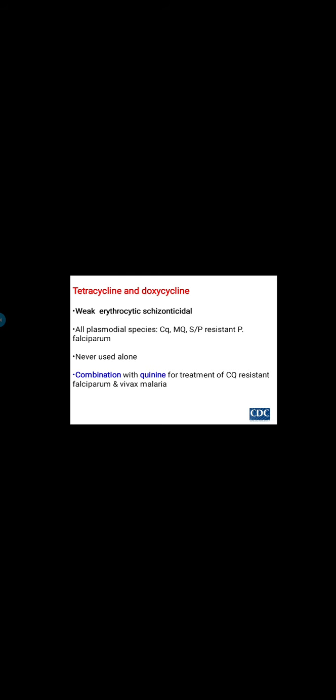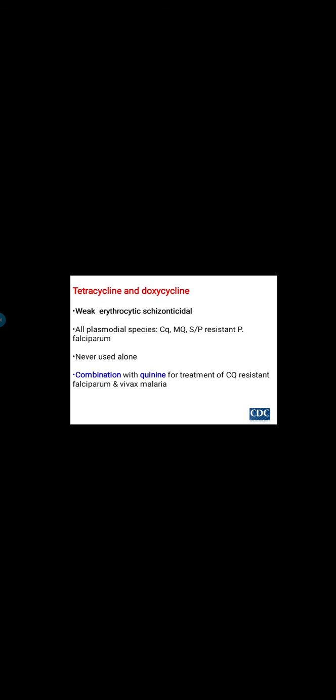Next group of drugs is tetracycline, doxycycline. It is a weak schizonticide to all Plasmodium species, including chloroquine-, mefloquine- and sulfadoxine pyrimethamine-resistant Plasmodium falciparum, which are also responsive to doxycycline. But it is not used alone. It is especially used with quinine in resistant cases.